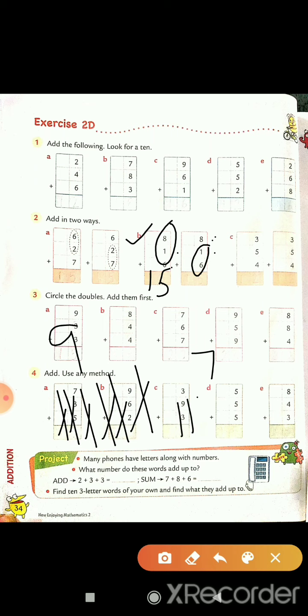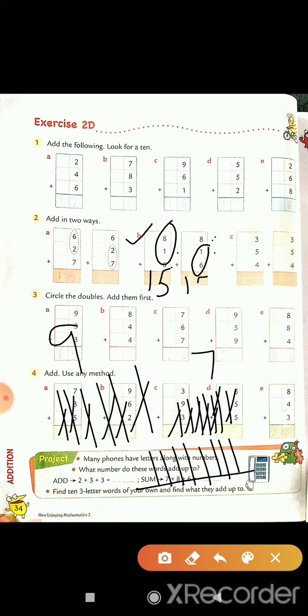So 1, 2, 3, 4, 5, 6, 7. 1, 2, 3, 4, 5, 6, 7, 8. Which is the bigger number here? 8. What comes after 8? 9, 10, 11, 12, 13, 14, 15. So we will write 15 here. Can you see? Both the answers are the same. So if we change the order, the answer is not going to change.